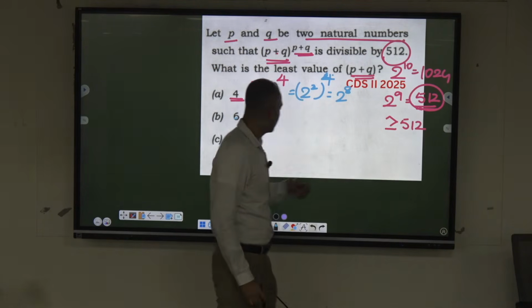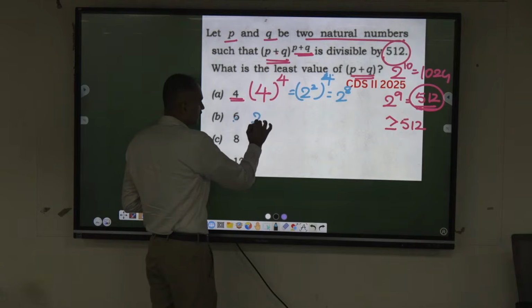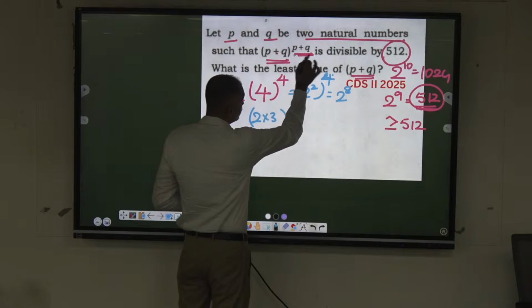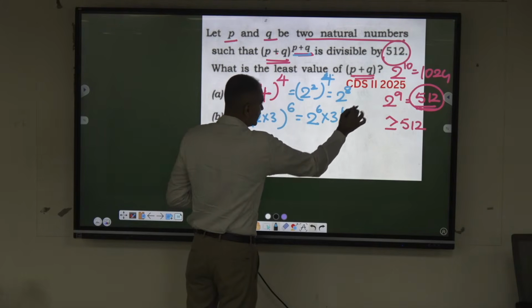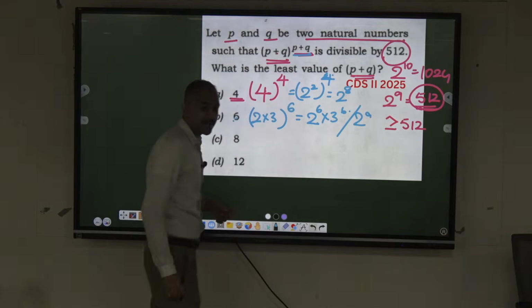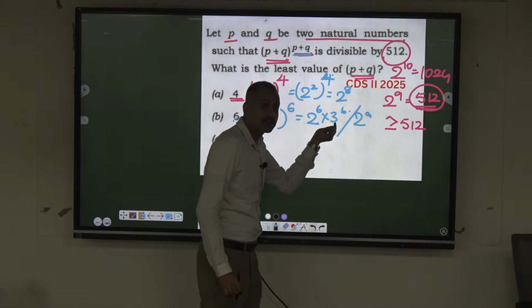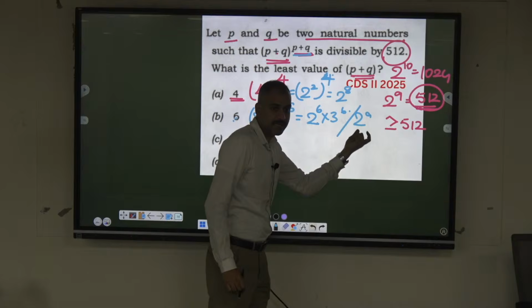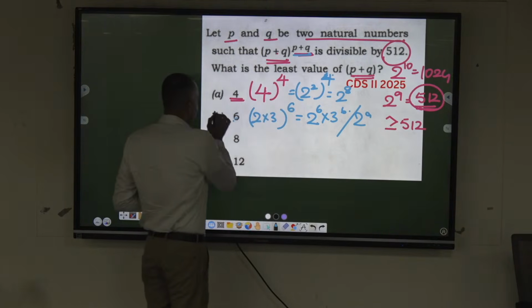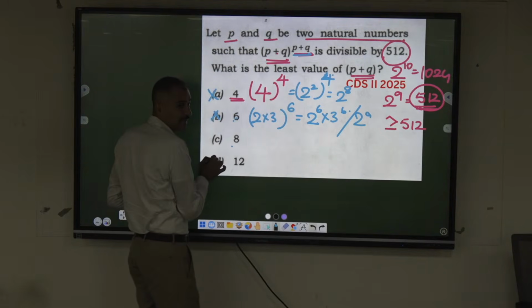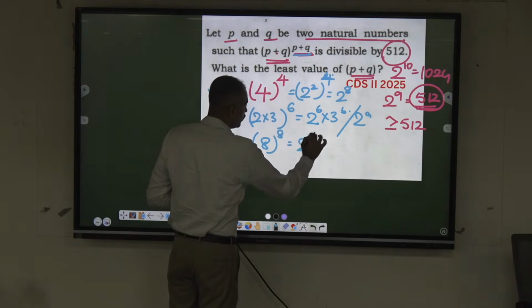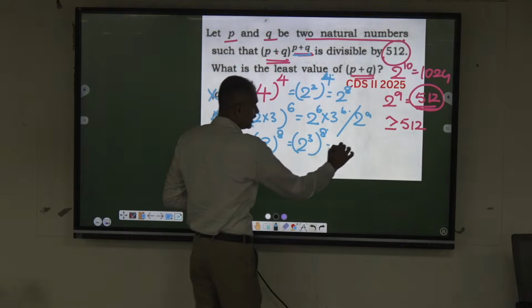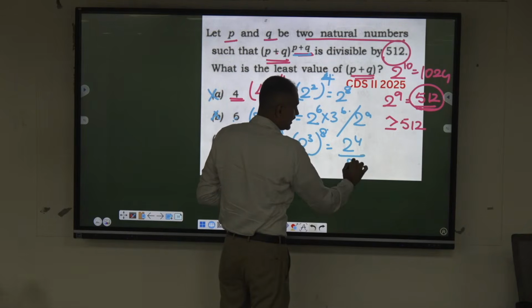No. Okay, 6: 6 is 2 into 3, whole power 6, which is equal to 2 power 6 into 3 power 6. Can it be divisible by 2 power 9? No. There is 3 also, which is not in here. Hence not divisible. Possible 8? Yes. 8 power 8 can also be written as 2 cube, 8 into 3, 24. Divisible by 9?